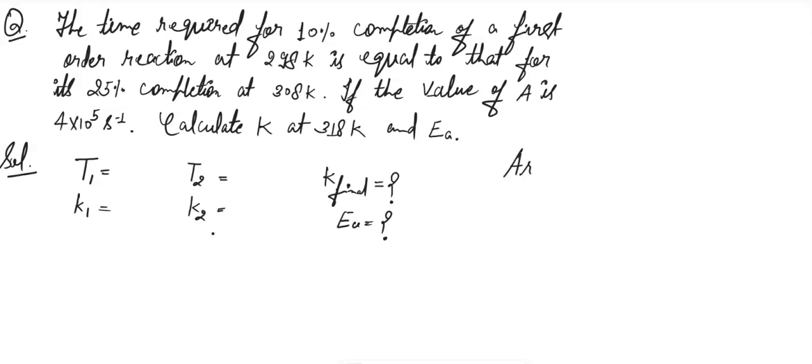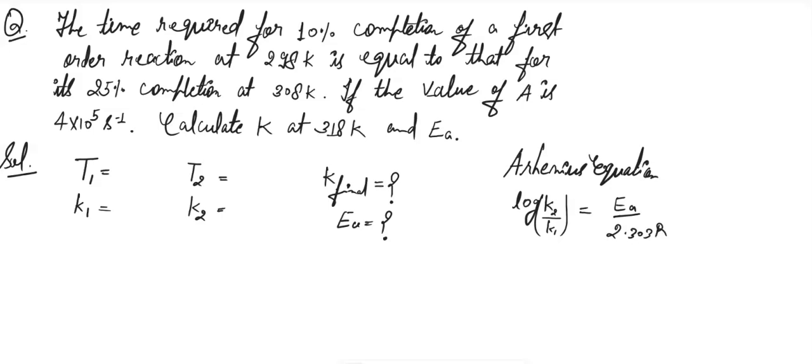We know that the relation of the rate constant with the temperature is given by the Arrhenius equation, and in terms of two different rate constants and two different temperatures it can be written as log K2 upon K1, where K2 and K1 are the rate constants, equals Ea upon 2.303 R into T2 minus T1 upon T1 into T2.